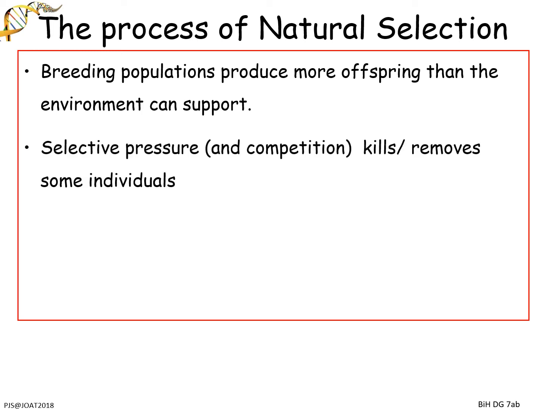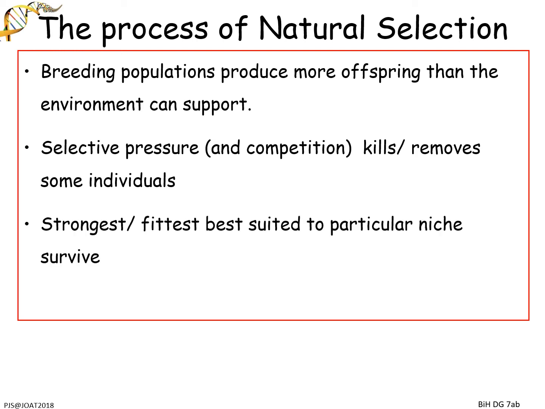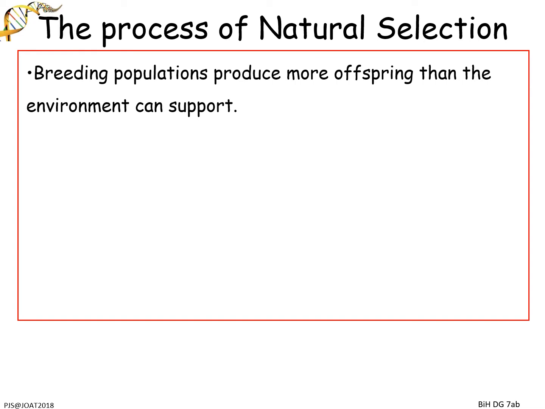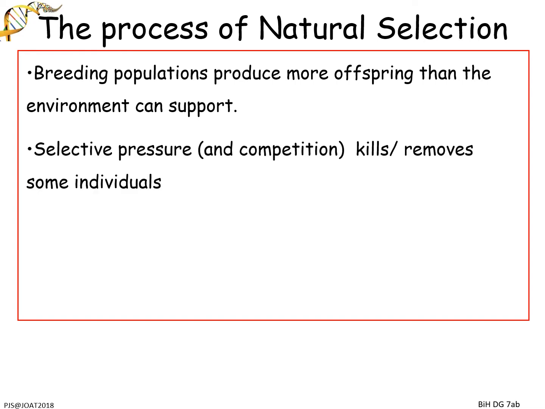Okay, you then have some form of selective pressure. So that's competition of some form that will kill or remove some individuals. The strongest, best suited, fittest, however you wish to see it, to that particular set of circumstances that you now have, survive. And that means they breed, and then we go back up to the top again. We have more offspring than the environment can support.